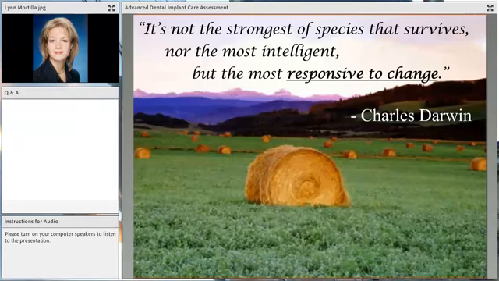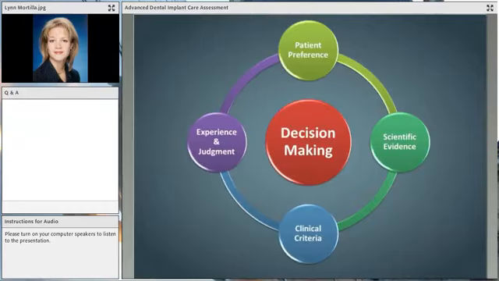And here we are in 2013, and those treatments have changed because the research, technology, and materials have changed. So what we do for our patients can change. This is an expanding field, and we will see a lot more change, so being responsive to change is always incredibly important. When you make your decision for your patients in your offices, there's a lot that's going to go into it.